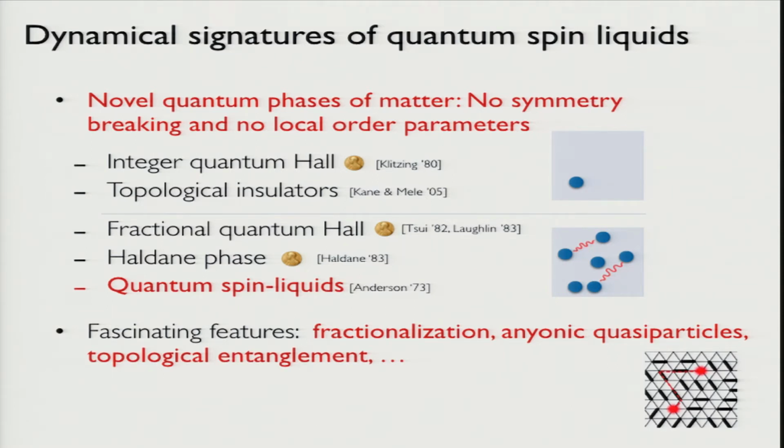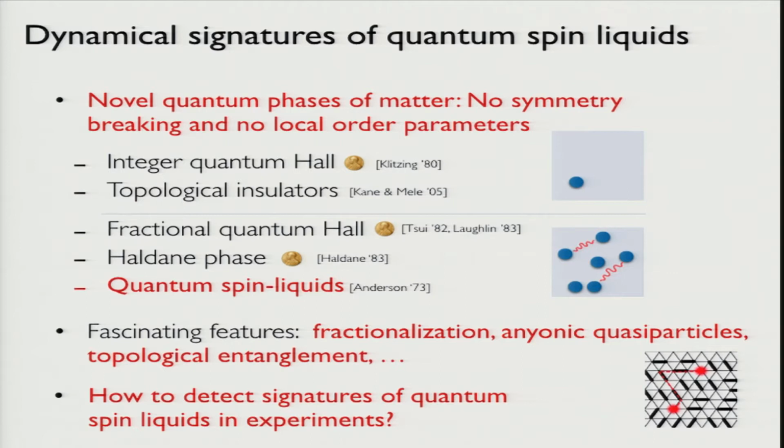Again, these are mostly theoretical properties of these phases. The question is, what are the resulting features that we can detect in a concrete experiment? This is what I want to do: bridge some of the theoretical understanding that we have of such phases to experiments that can, in principle, be done in a laboratory.